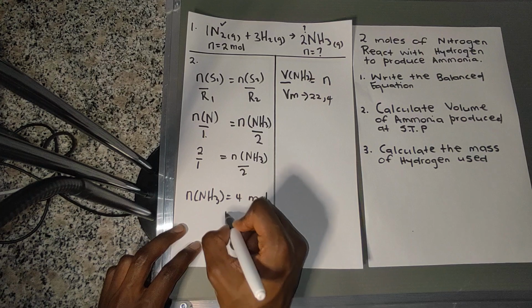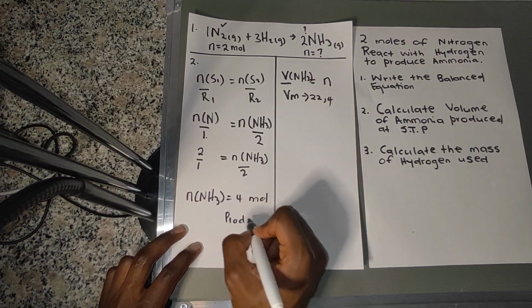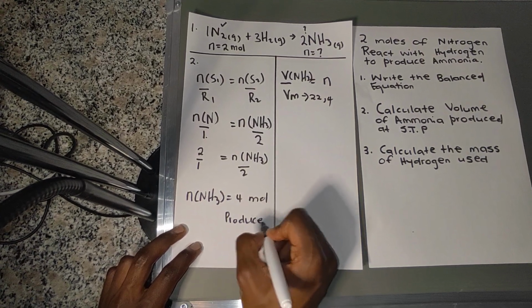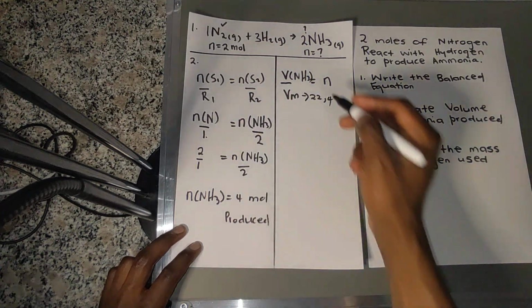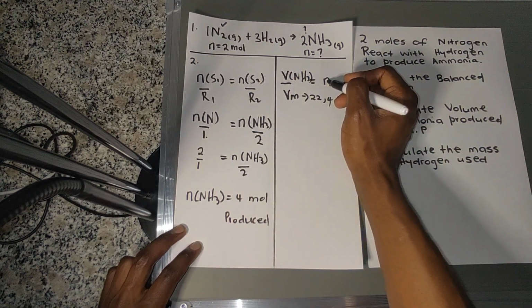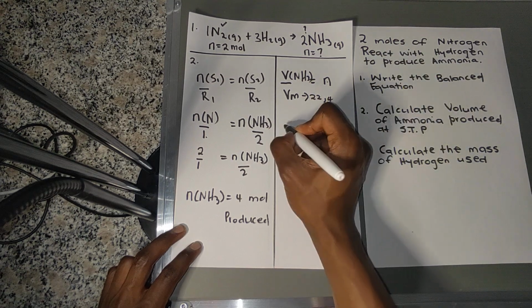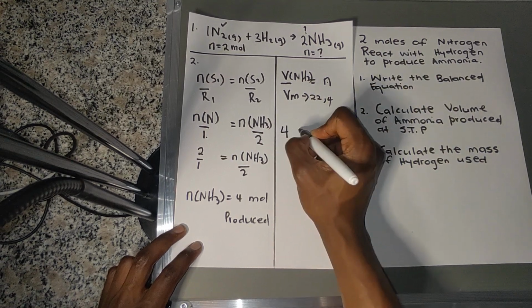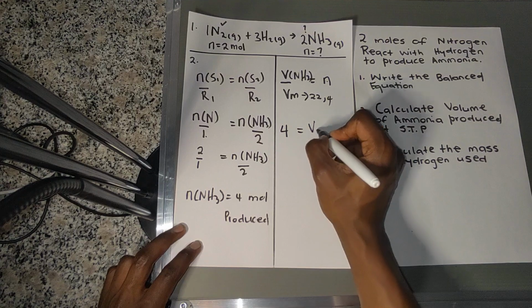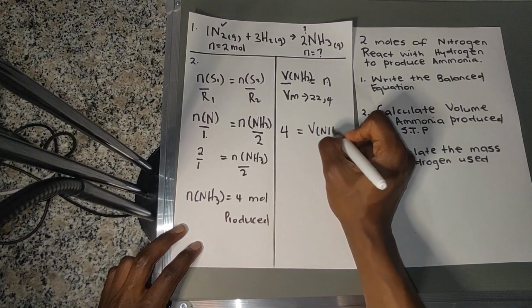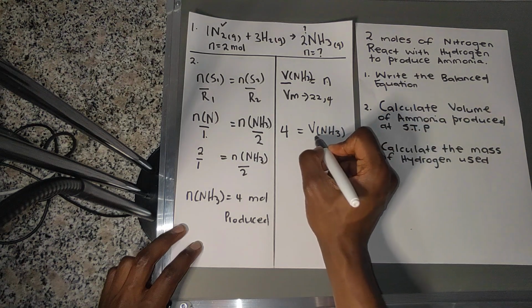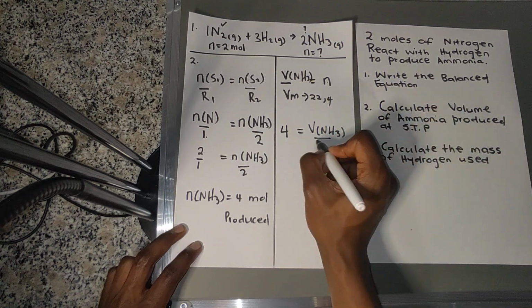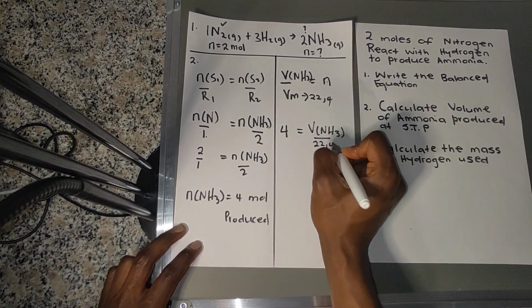I always label this as produced or used. But why do I say produced in this case? It's because we're speaking about a product, which is ammonia. Now I go back to that equation and substitute the number of moles here. So the number of moles is equal to 4. We are looking for the volume of ammonia, NH3, divided by the molar gas volume, which is 22.4.